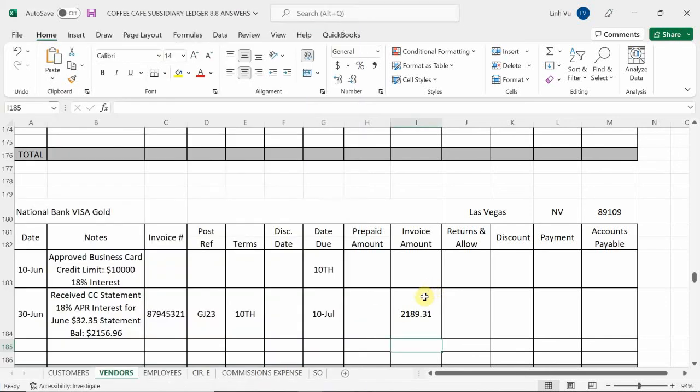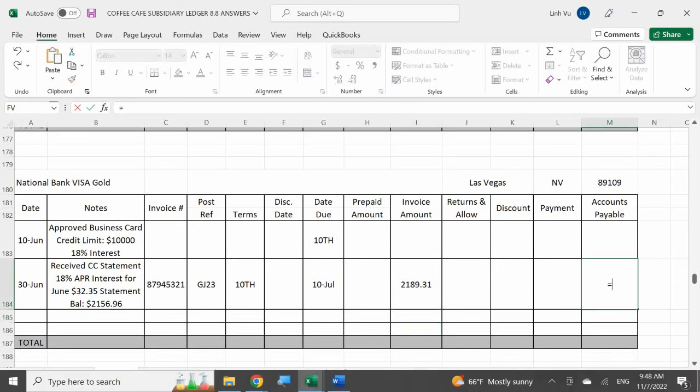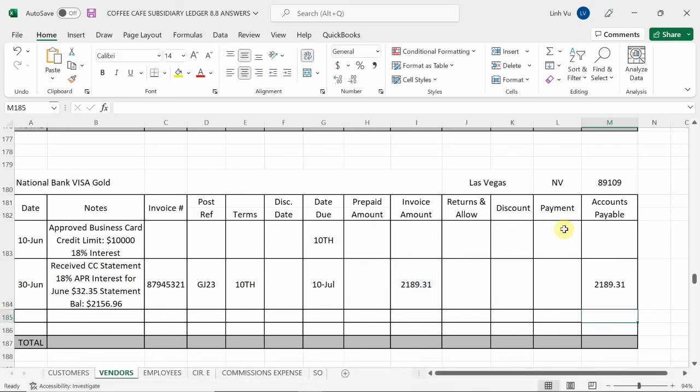If you want to, you can report what your credit card says, and then down below you can report that you got charged interest, but in this case, I'm just going to save myself a line here and report that I owe a grand total of $2,189 to National Bank Visa credit card.